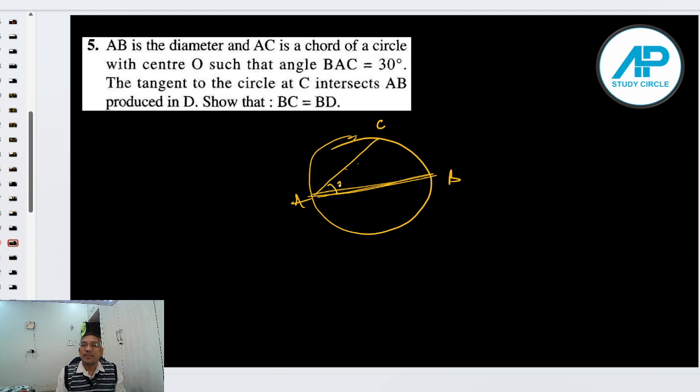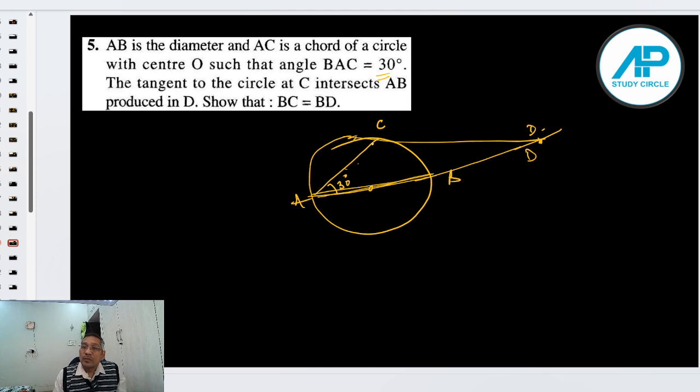Angle BAC is 30 degrees. The tangent to the circle at C intersects AB produced at D. This point is D.